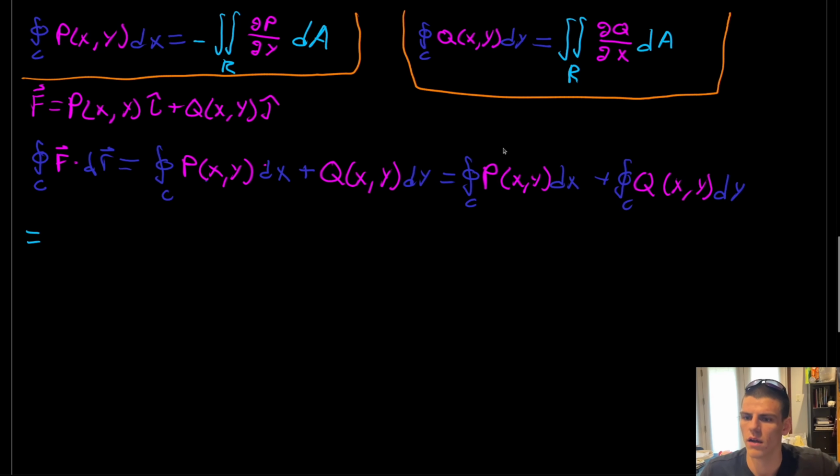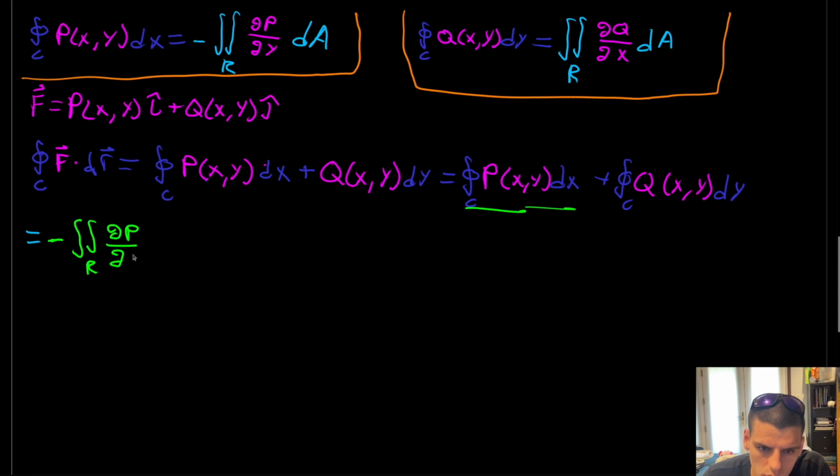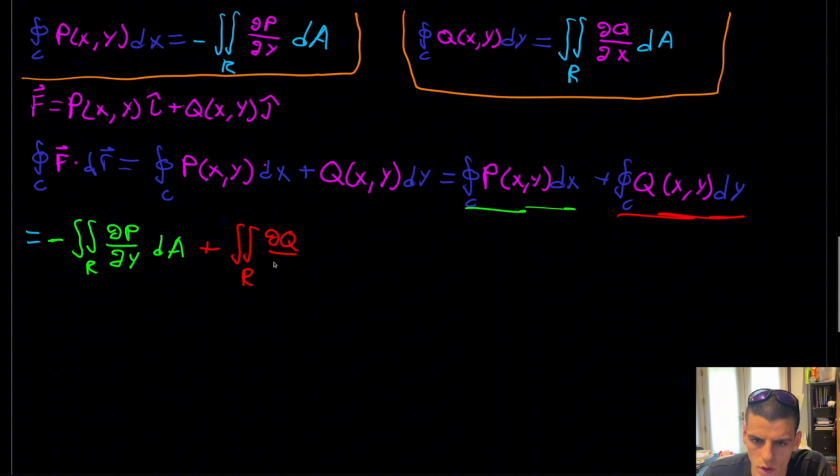We'll start a new line here. This first term right here, we'll do it in green, is going to equal this business right here. So it'll be the negative double integral over R of the partial p partial y dA. And then this other one over here, we'll do in red, will equal this business right here. So we'll add the double integral over R of the partial q partial x dA.